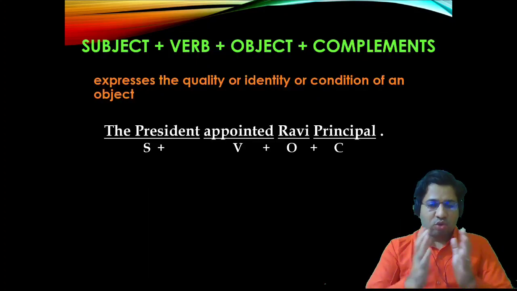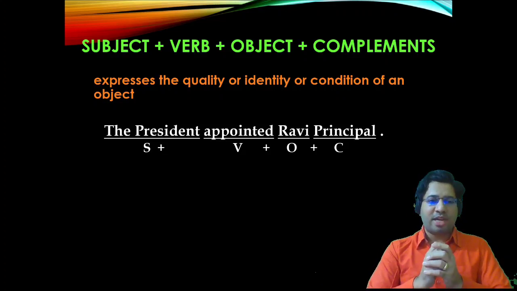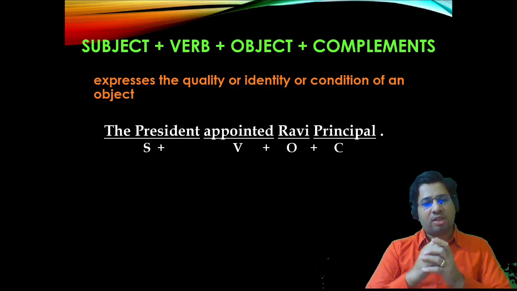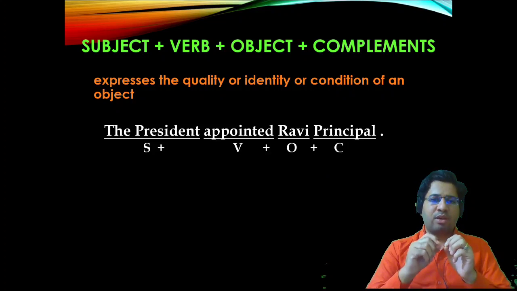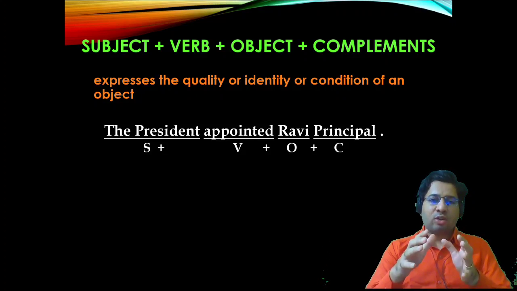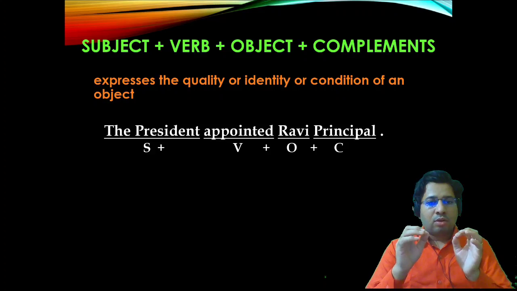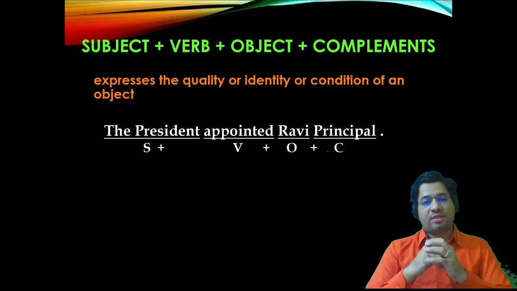Now let us move towards another significant sentence pattern, that is subject plus verb plus object plus complement. So in this sentence pattern, the words required to complete the meaning of a sentence are called the complement of the sentence.